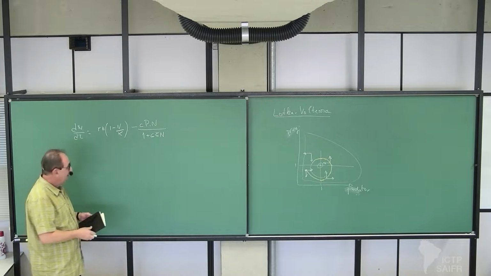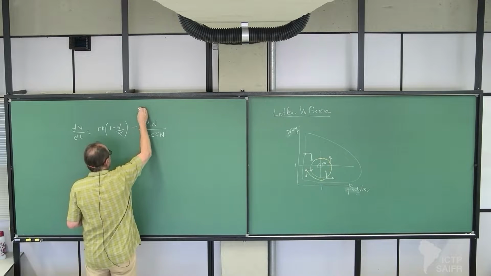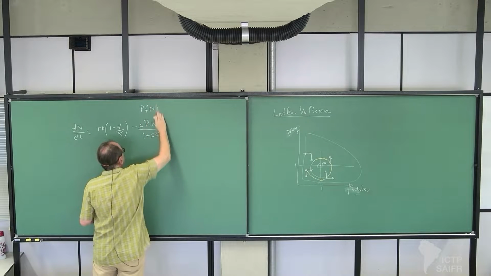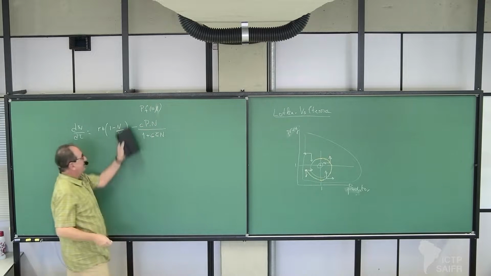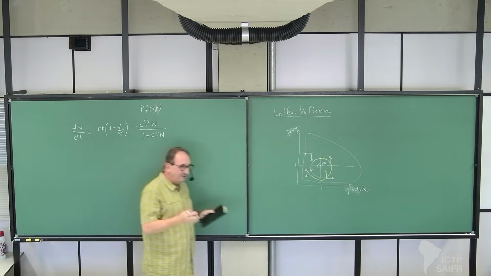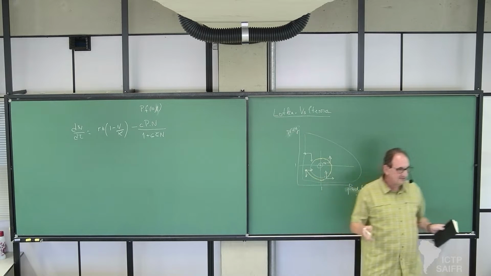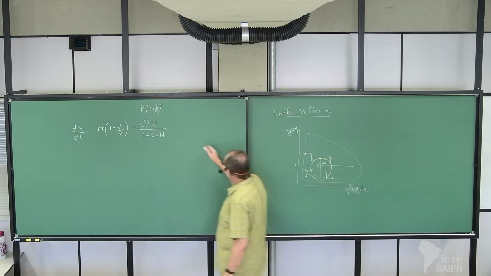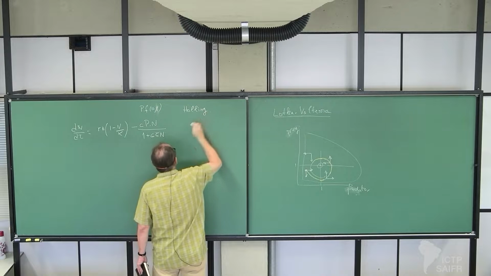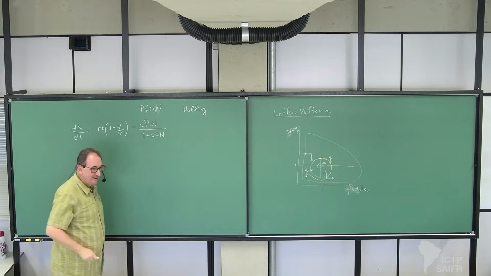If I have something like this, just p times some function of n, this is called the functional response. And there's a classification of the most common kinds of functional responses. It's called the classification of Holling. This is Holling type 2. Holling type 1 is just linear.